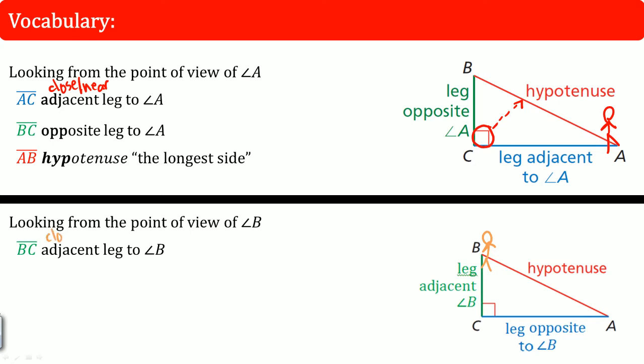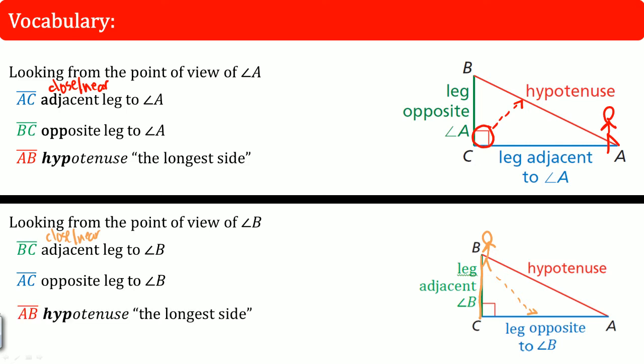This is the closest or the nearest leg, which is going to be line BC. Then you have your opposite leg, which is this one, which is going to be AC, which is the opposite because it's on the opposite side. Then you have the hypotenuse, which is going to be the longest side.